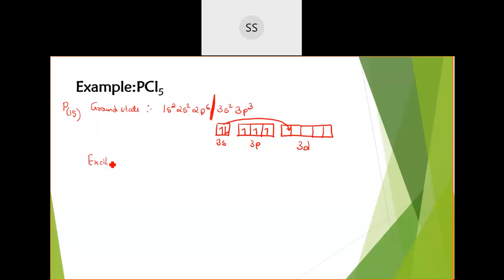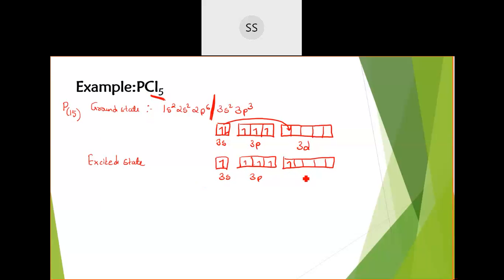In the excited state you will see that there is only one electron in the 3s orbital, a single electron in each 3p orbital, and one electron in the 3d orbital. Once you have done this arrangement, you have enough electrons required for bonding. 5 electrons are required to bind with 5 chlorine.